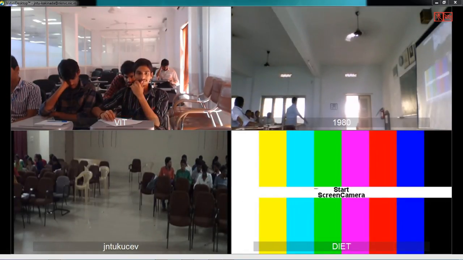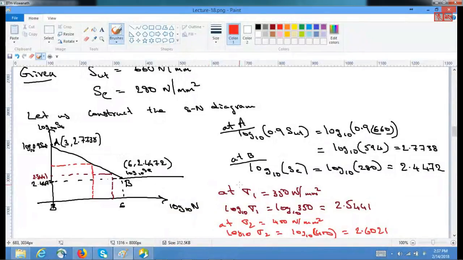This component is being operated at sigma 1 at 85% of the time, and sigma 2 at 12%, and sigma 3 at 3% of the time. So if we take log of sigma 1, which is 2.5441, that will hit the S-N curve at this place, and if I take a vertical, this will give log 10 of N1, and the second one will give me the log 10 of N2.